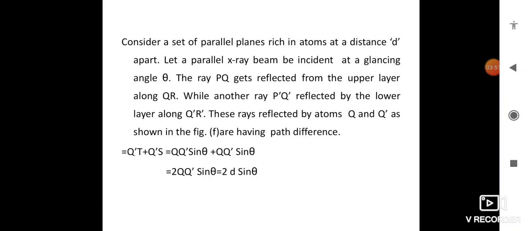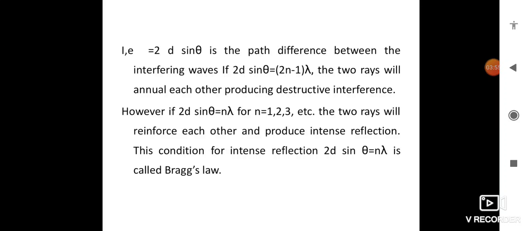Here the difference is 2d sin theta, that is delta equals 2d sin theta. It is the path difference between the interfering waves.